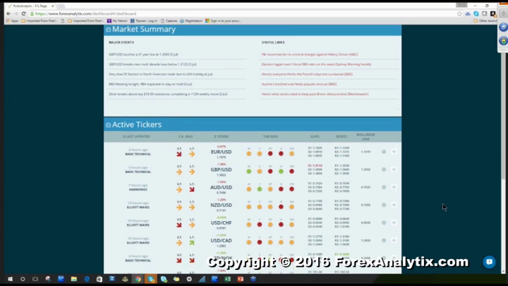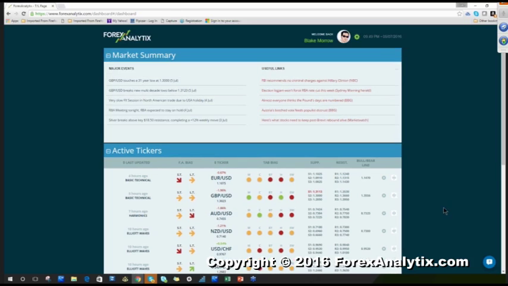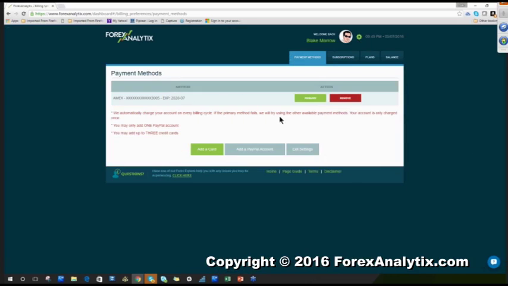Blake, you want to just very briefly show people how they add, for example, a payment method and how they buy a plan from the site after subscribing? Oh yeah, this will take you over to my billing settings, but you can actually add cards right through here. You can add a card, you can add a PayPal account.